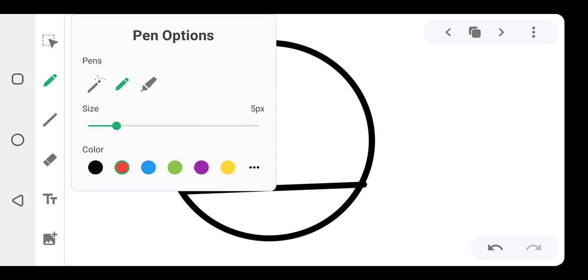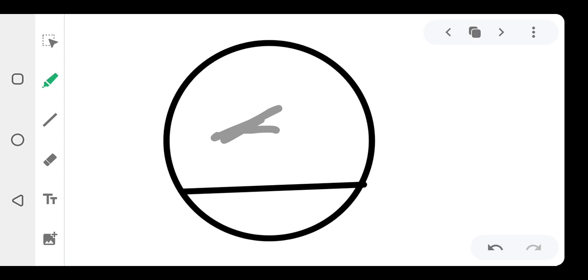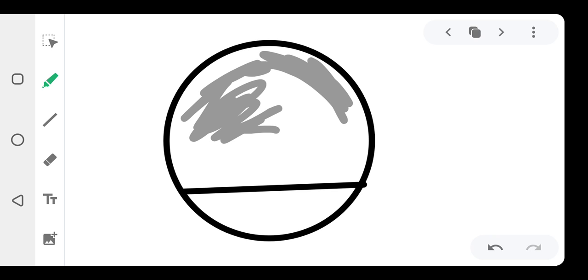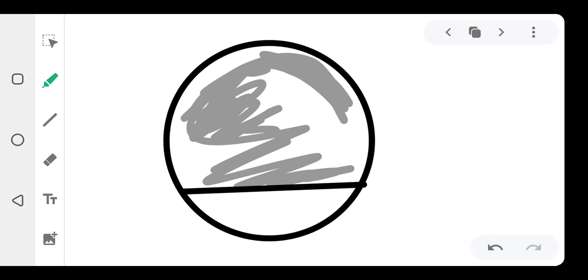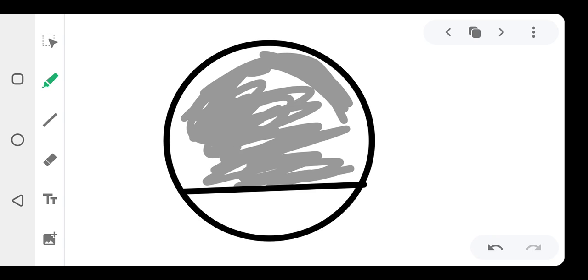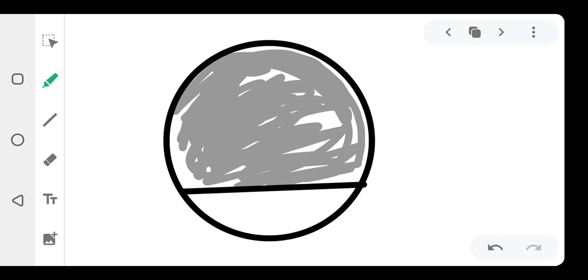Let me shade this part. I just want to shade everything that is here.